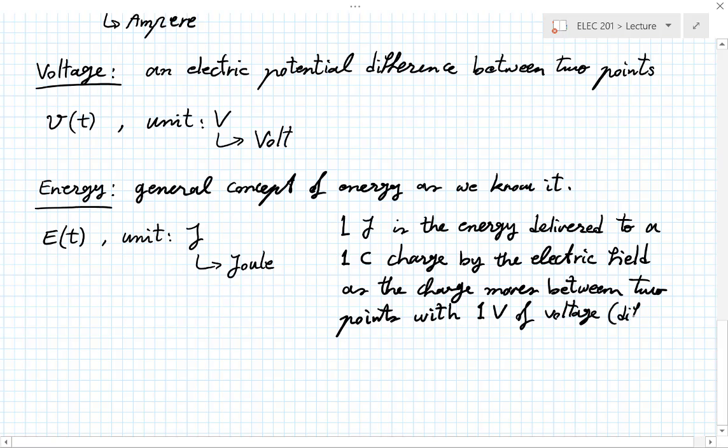And I'll emphasize voltage, we mean potential difference between those 2 points. Okay? Yes?